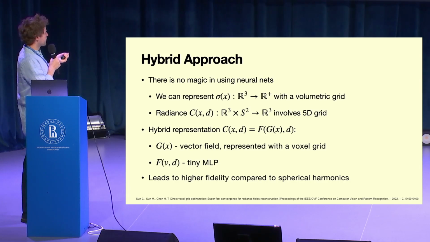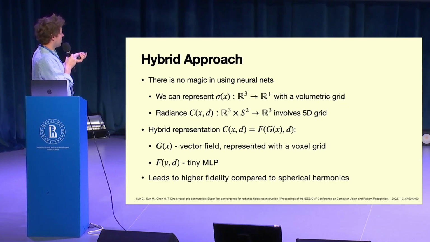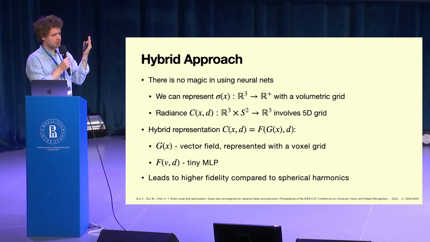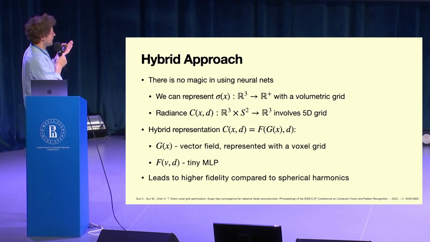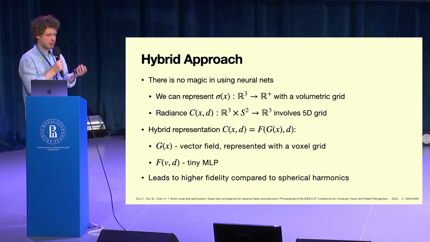And after retrieving the representation of radiance function at this point, we plug this representation into a tiny MLP, which processes the representation and returns a function on a sphere. So this MLP takes the embedding and a direction vector d and outputs a color.